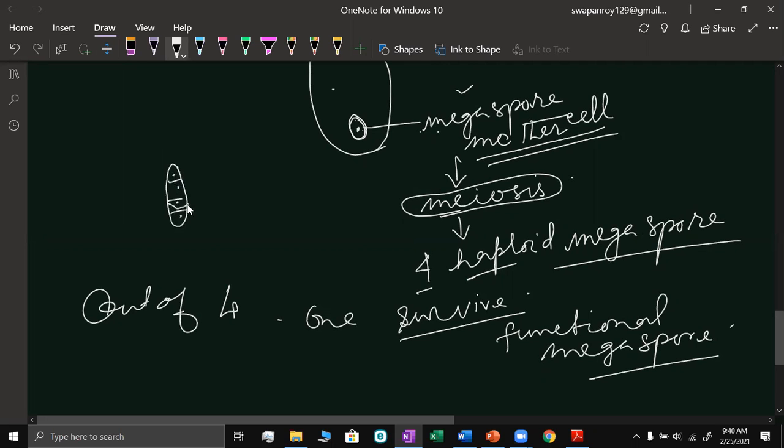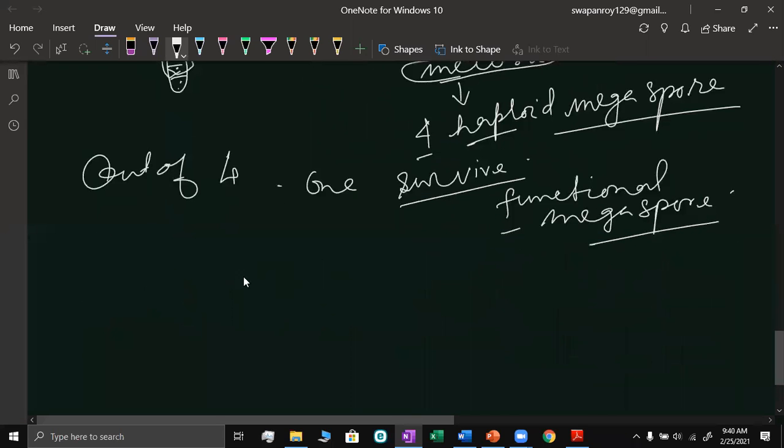Of these, 3 will degenerate and one will survive. This functional megaspore then enlarges.